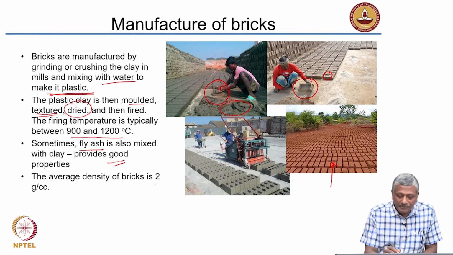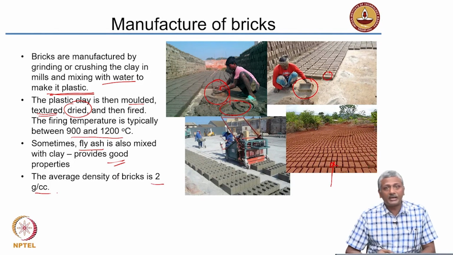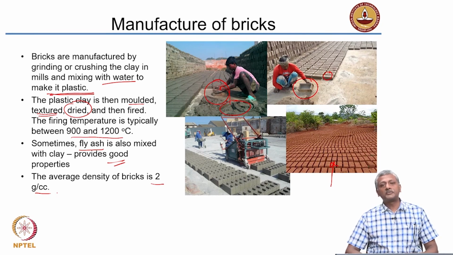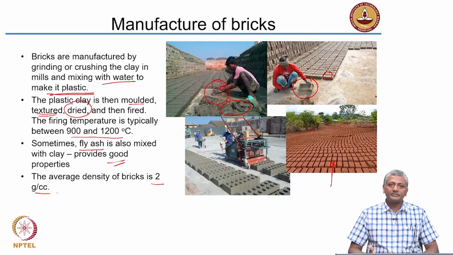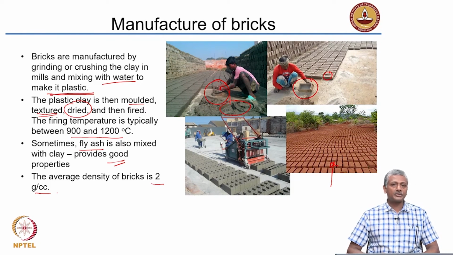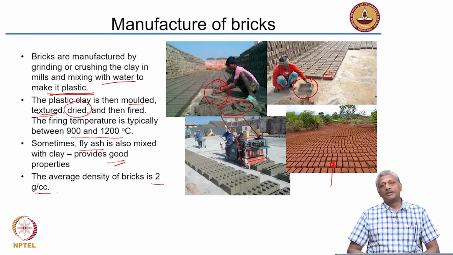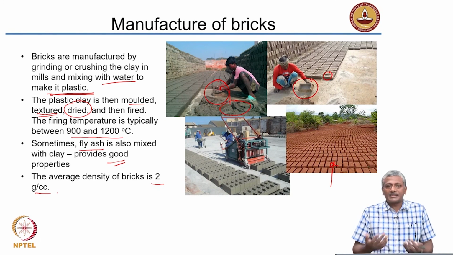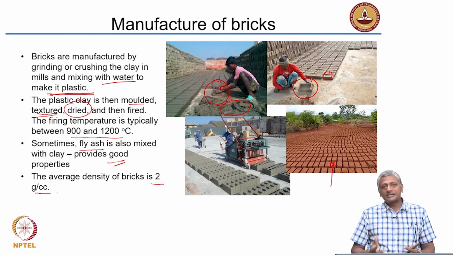Okay. So, average density, as I said, of bricks that you get out of this process is about 2 grams per cubic centimeter. Now, what is the need to know the density? Material properties like density are very important for engineers to get some feel of, right? So that you are able to do some calculations on the back of your hand. You don't always have the luxury of looking at books or internet sources to answer simple questions.